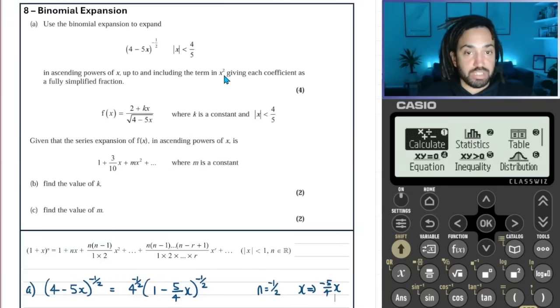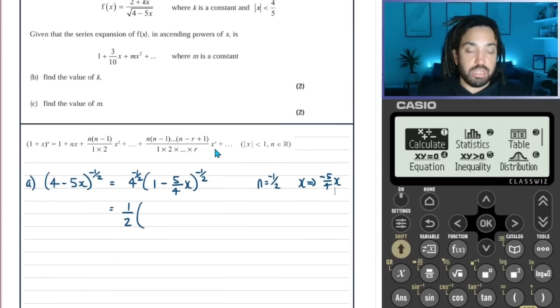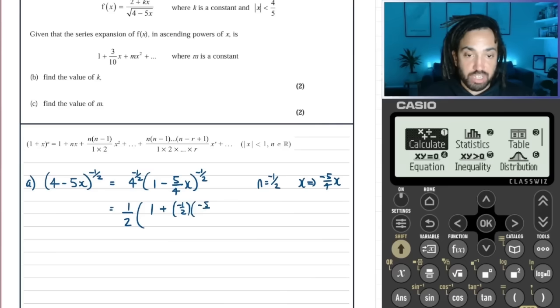It says up to the x squared term, so we just need the first 3 terms. Okay, so the first term is 1. So we just put 1 there. And then the next term is n times x. So that's minus a half times by x, which is minus 5 over 4x.